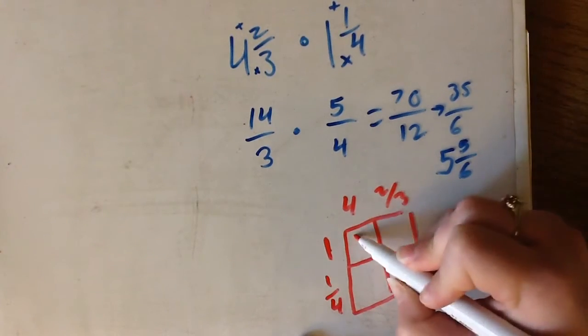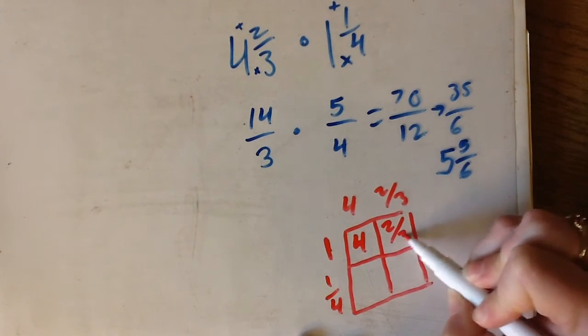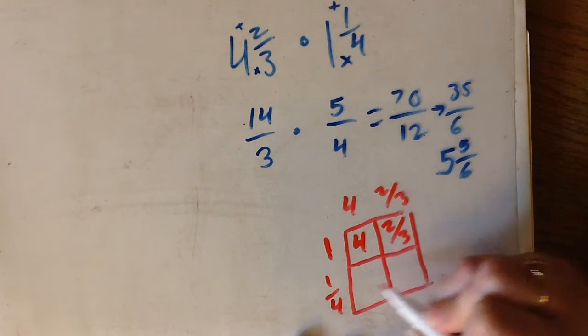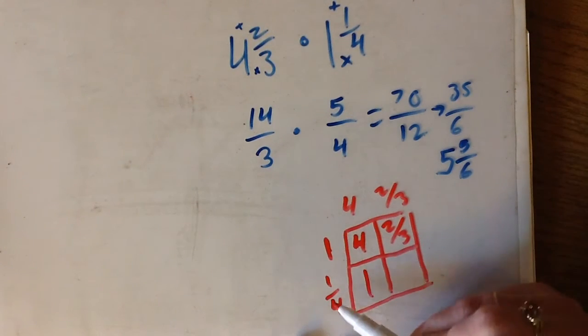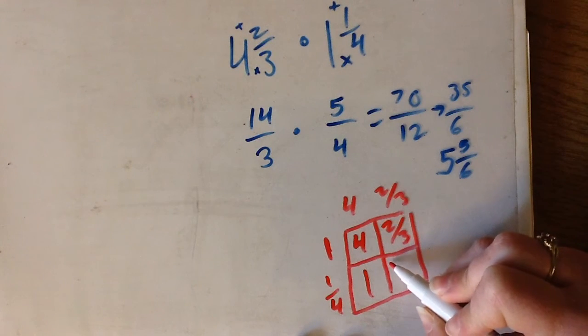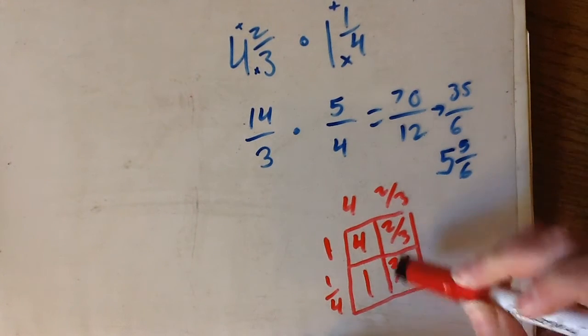1 times 4 is 4. 1 times 2/3 is 2/3. 4 times 1/4 is 4 over 4, which is just 1. And 1/4 times 2/3 is 2 over 12, which is the same as 1/6.